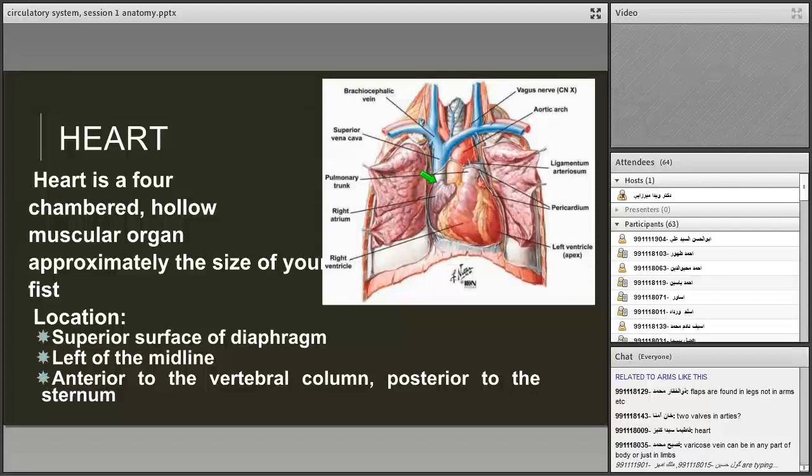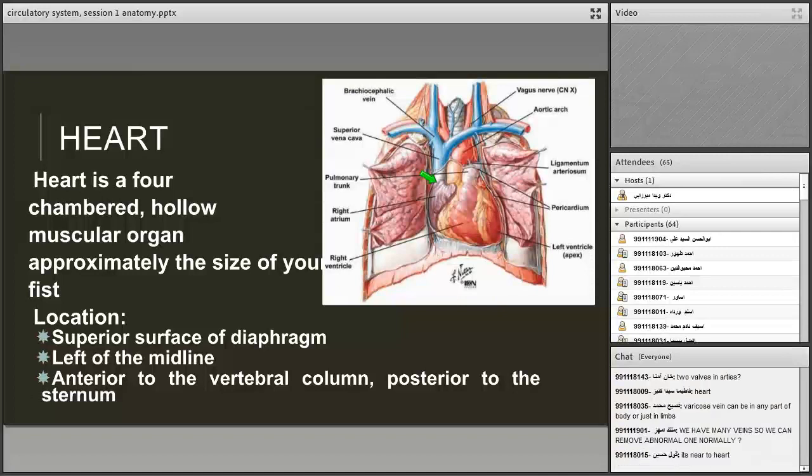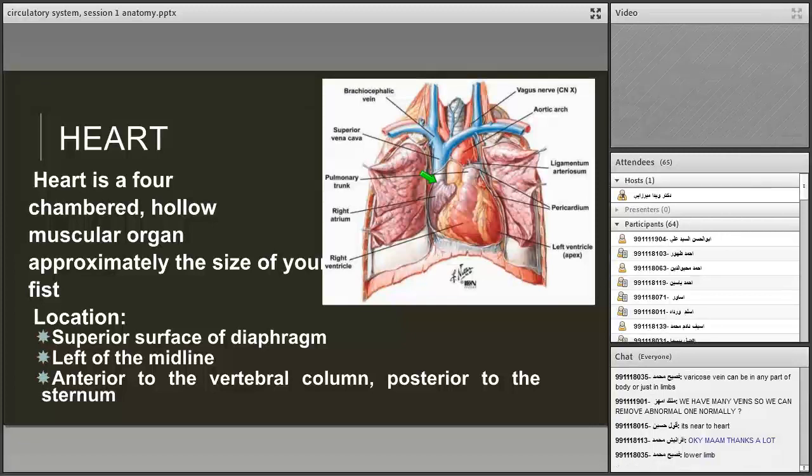The muscles of the hands will help the veins to flow the blood back to the heart, so there is no need for valves. Just in limbs, in legs. Varicose veins can happen just in legs. Yes, the flaps are found in legs, not in arms.